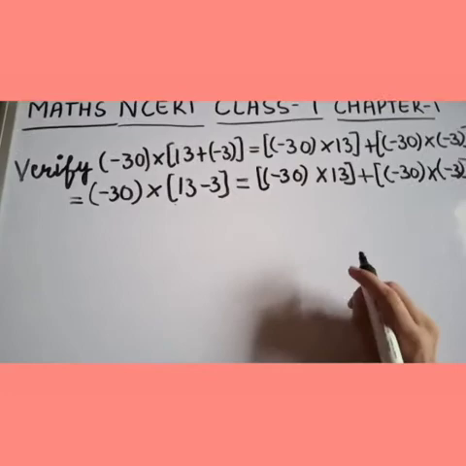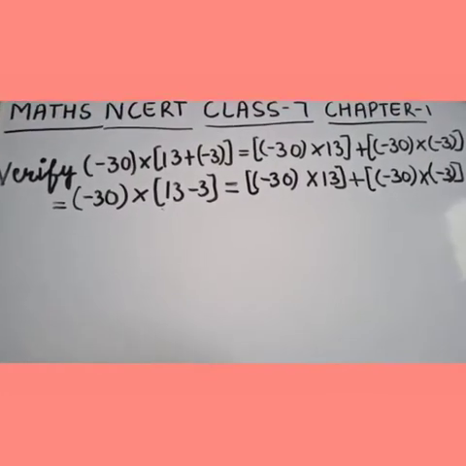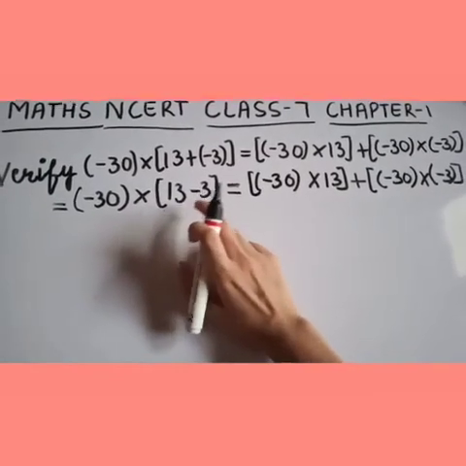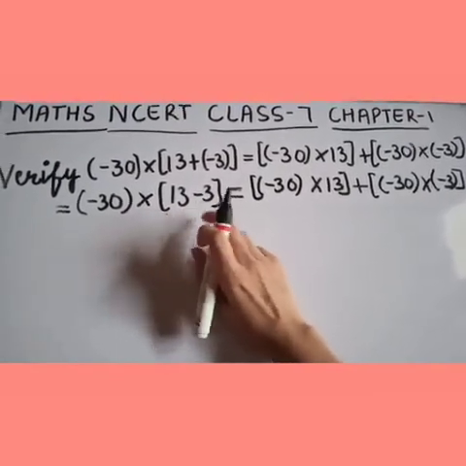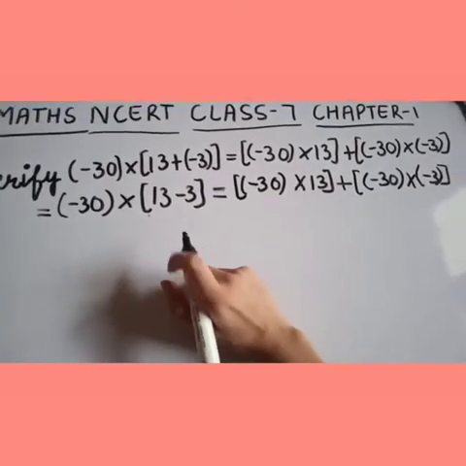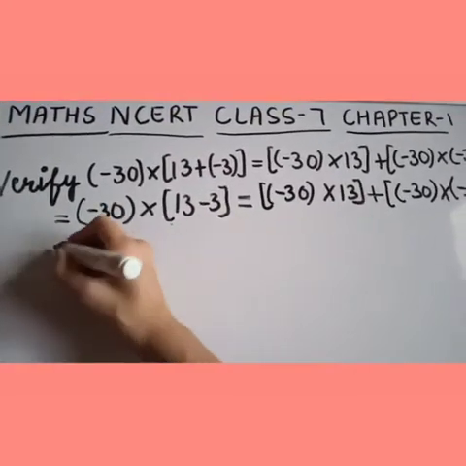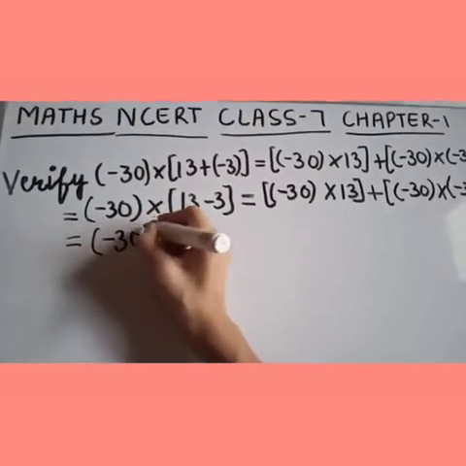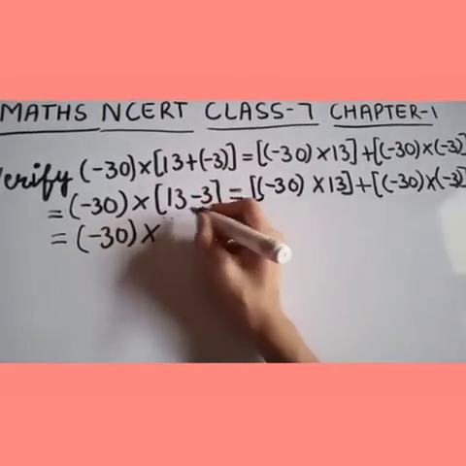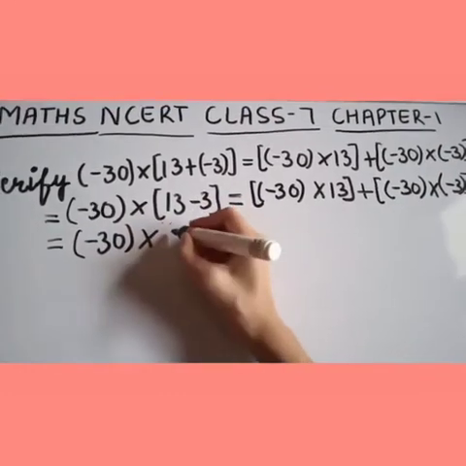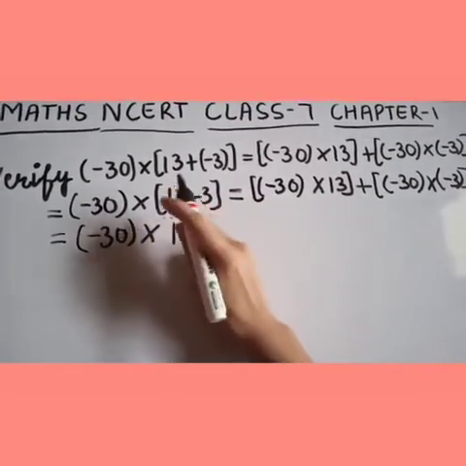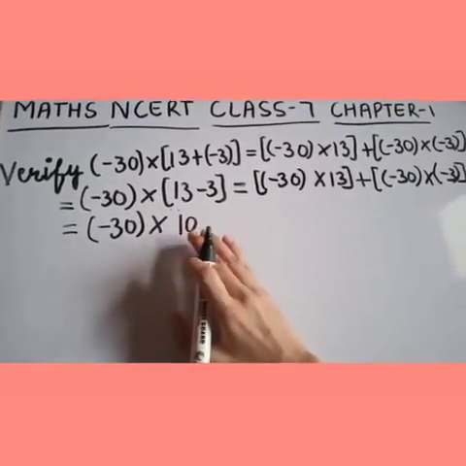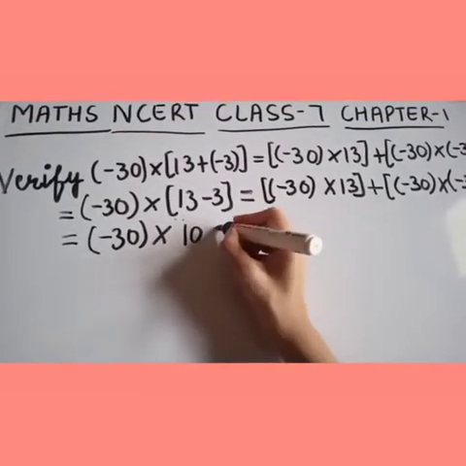Now, the second step would be we have to solve these brackets. Okay? Now let's start by solving these brackets first. 13 minus 3 is 10. Now this bracket is solved, so we will not put the bracket around 10. It is removed now.